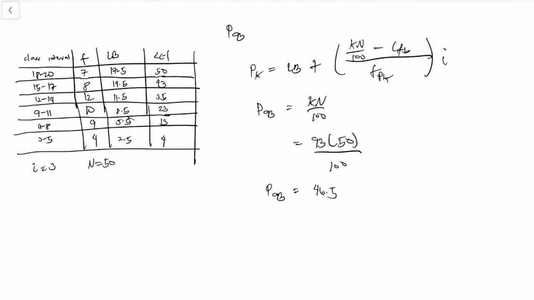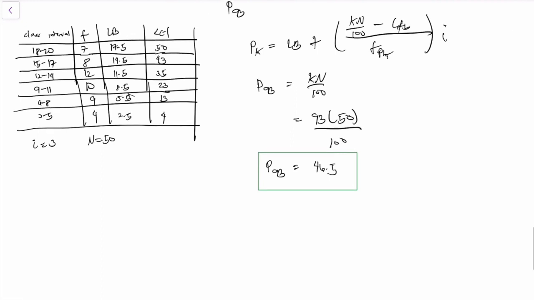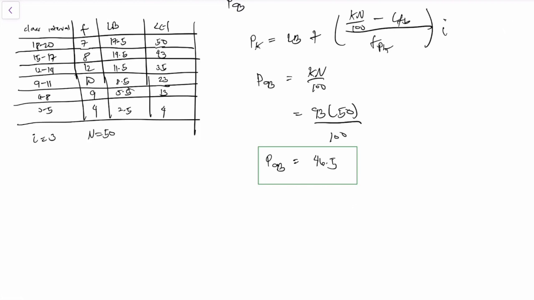Now we will use this answer to find in which interval we should extract our values of the LB, the frequency, and the cumulative frequency before the P93. So 46.5 falls between the 44 to 50 interval. So we will use the values in this class interval 18 to 20.